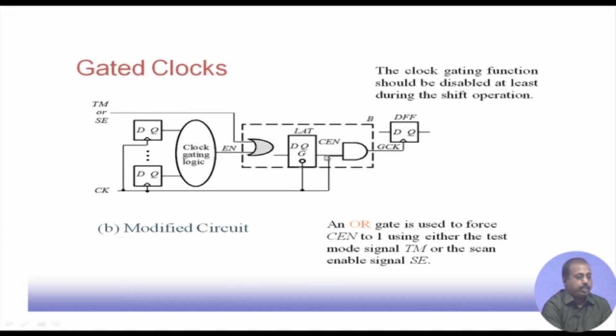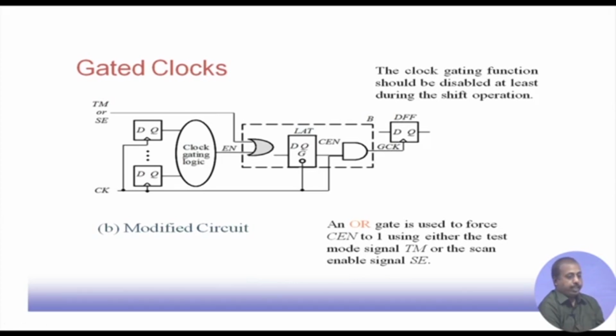As a result, this CEN output of this flip flop will definitely be 1. So, this AND gate will pass the clock so that the clock enable line is high. So, this flip flop will always get the clock if this TM or AC is high. So, in the test mode, whatever this clock gating logic computes gets overwritten by this TM or AC signals.